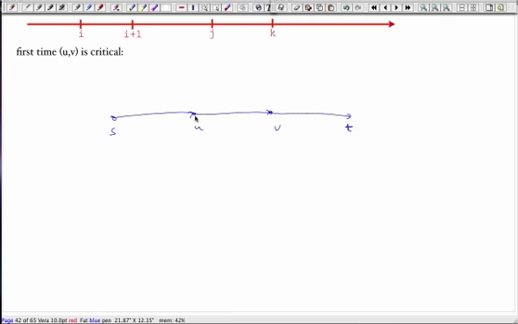So we consider some edge from U to V. And if we're going to push flow across this right here, and let's say this is the critical edge. So once we've pushed flow, and that's the critical edge, what happens in the very next time step?